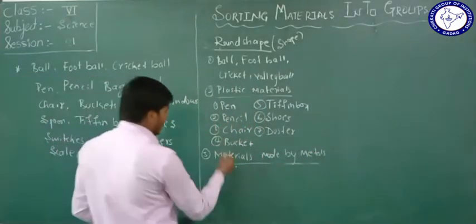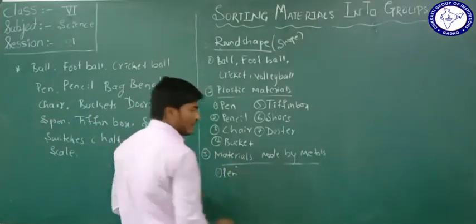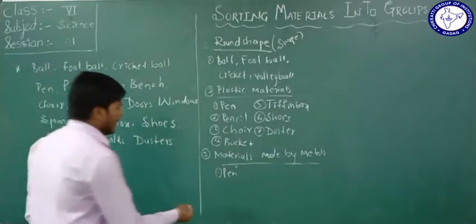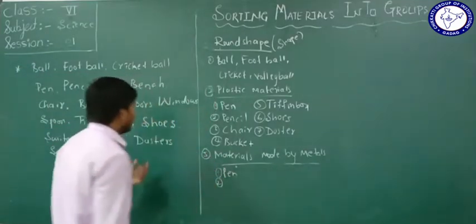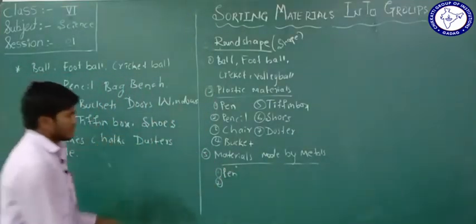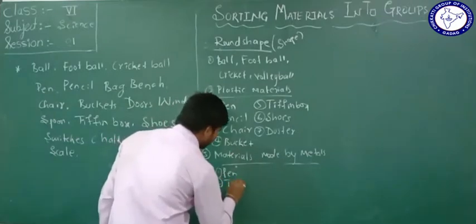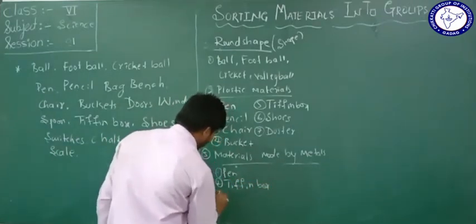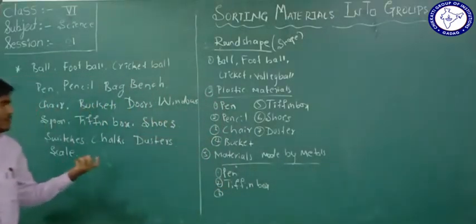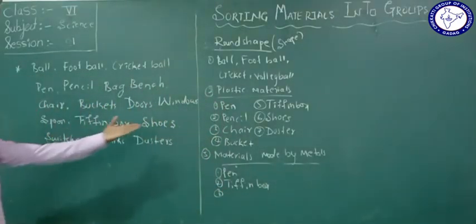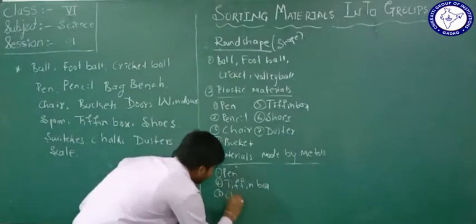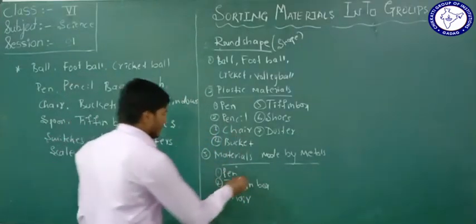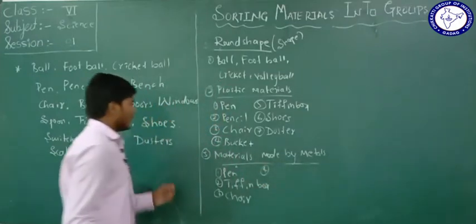Pencil, so sorry, pen, maybe an ink pen, that will be made of metal. Then second one, tell me. Tiffin box, yes, it is made of steel metal. Third one, that is chair. Chair is also made of metal like iron. Next, fourth one, tell me.